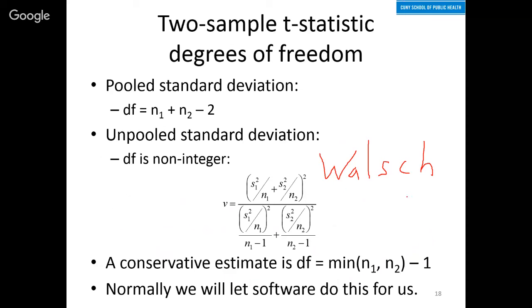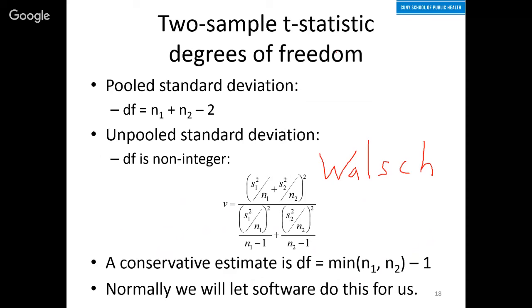But you can estimate it conservatively just by taking the minimum of your 2 sample sizes minus 1. So if you're doing it by hand, this is a quick way to do it, and it will not make your p-value smaller than it should be. By conservative, I mean that if anything, it's going to increase your p-value.